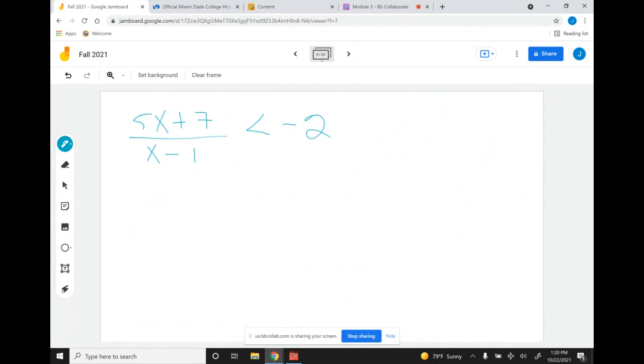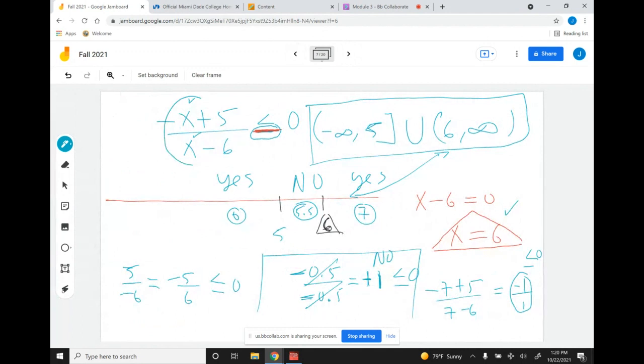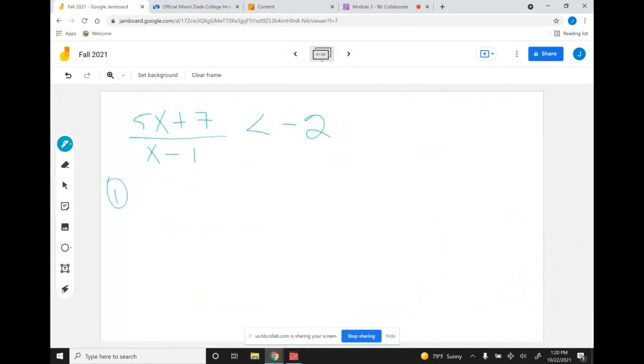That makes it more difficult. So the first step is to write it the way that we had this here, and that is to have a 0 on the right and a single term on the left. That's what I want to do to this one. So look what happens here. This is going to get ugly.